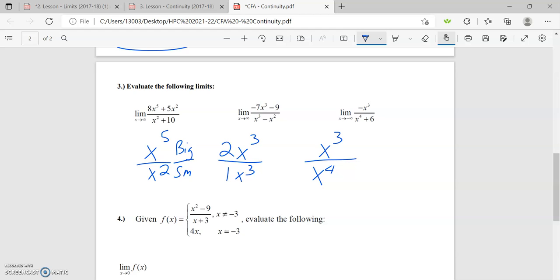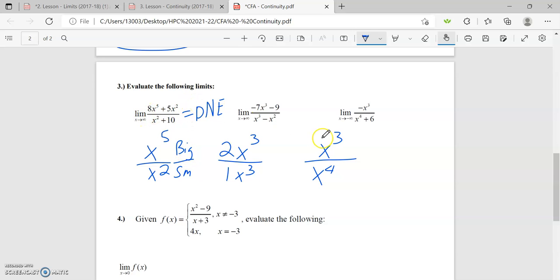So this means that the limit as it goes to infinity does not exist. The limit doesn't exist because as x is getting bigger, raised to the 5th power on top, it's outperforming the x squared on the bottom. So you have a really big number over a small number, which is just a really big number, or infinity. So we say the limit doesn't exist.